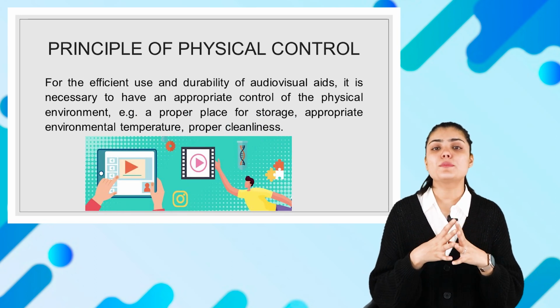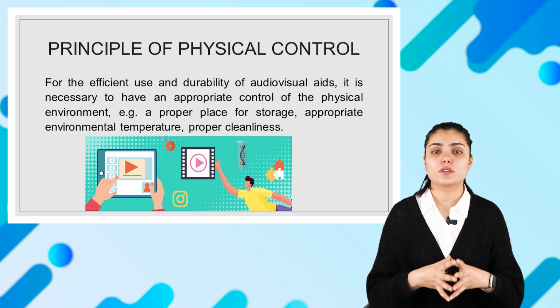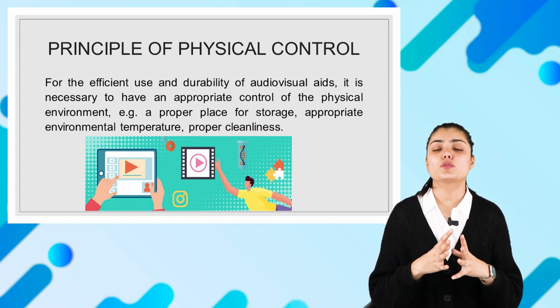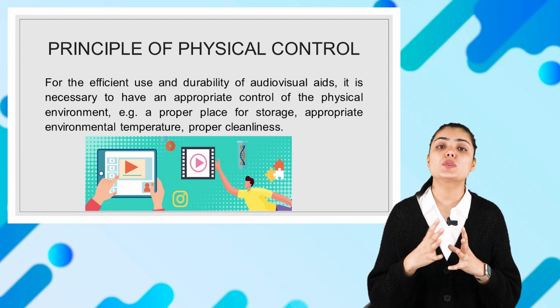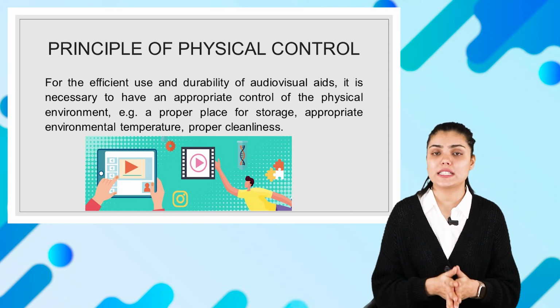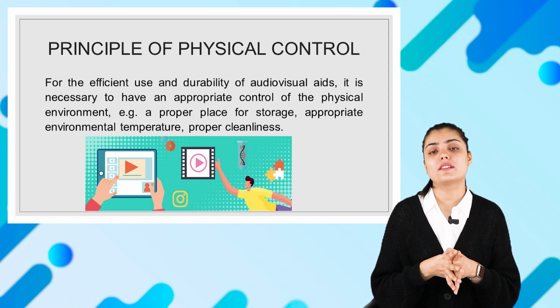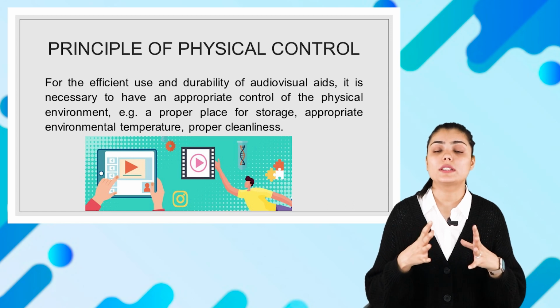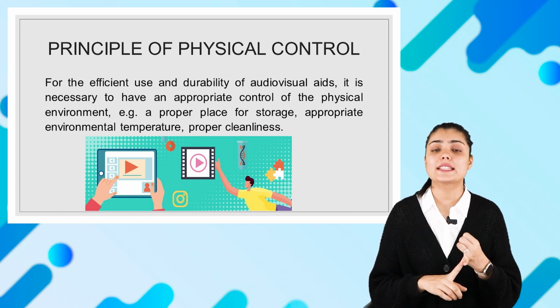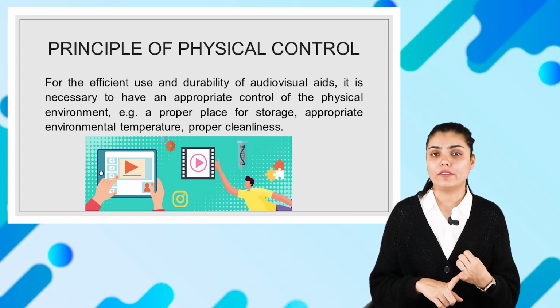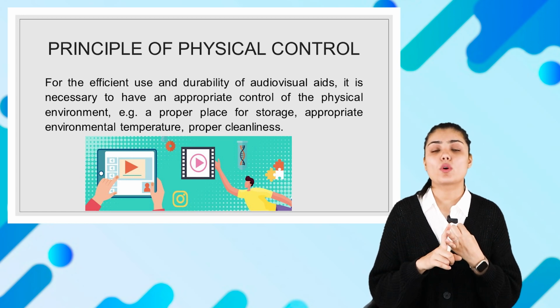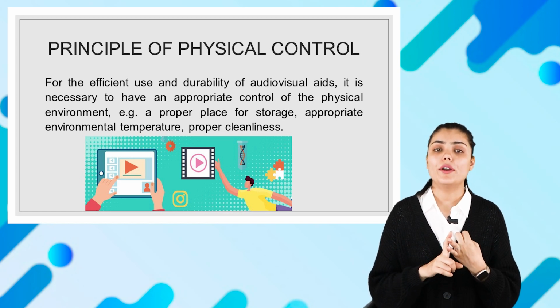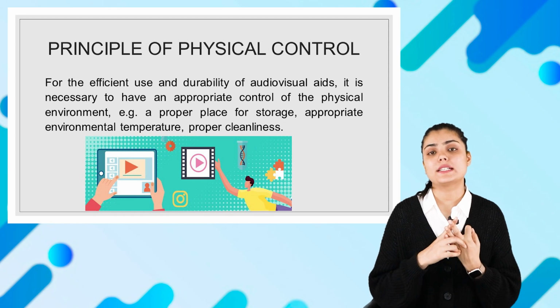Next is the principle of physical control. This principle says that in order to make sure that the AV is used effectively and efficiently, various physical factors have to be looked after. For example, a place for the storage of AV, proper cleanliness of the area, or appropriate environmental temperature.